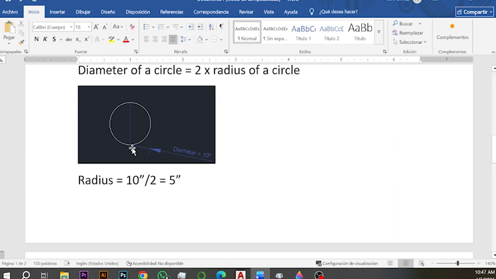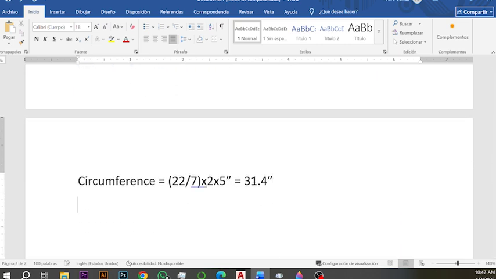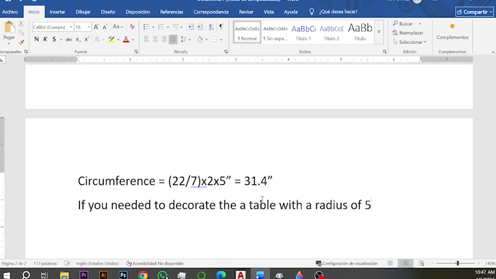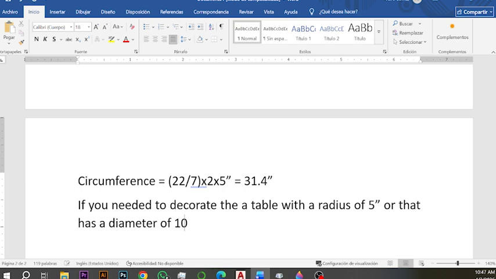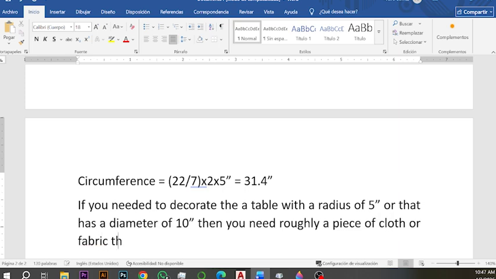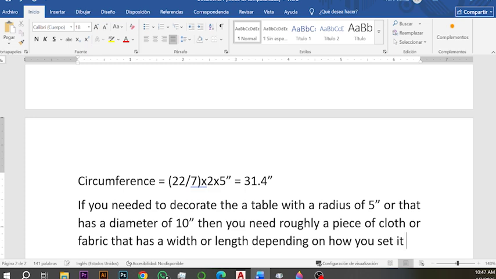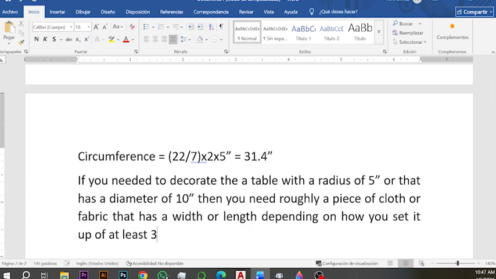So if you needed to, for instance, decorate a circular table with a radius of 5 inches or a diameter of 10 inches, then you need roughly a piece of cloth or fabric that has a width or length, depending on how you set it up, of at least 31.4 inches.